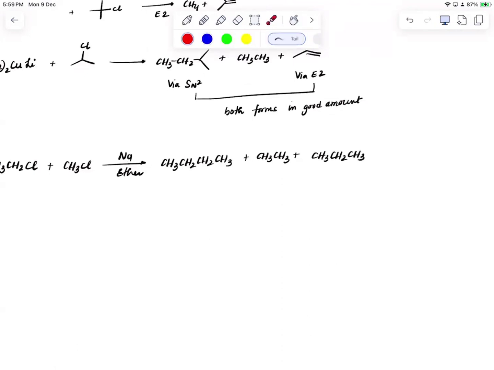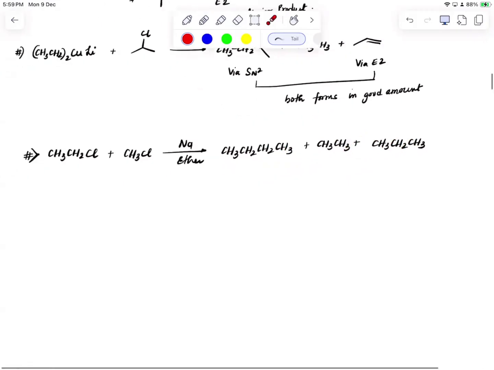Now, tell me, is this coming as major? No, right? The contribution is this one, and this one are equal probables to occur. So the composition of these three would be almost the same. You know? So there is no chance we can get only this as a major product. You will get all three. Okay. Got it? Yes, sir.